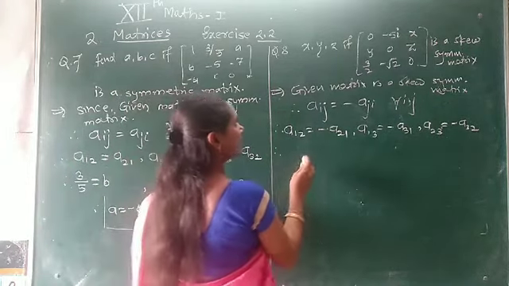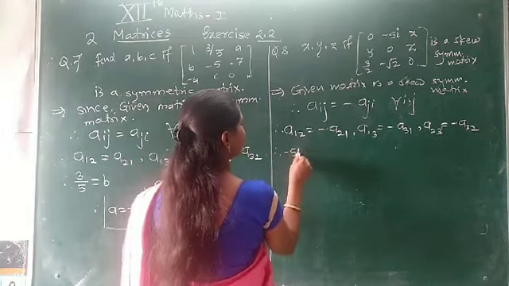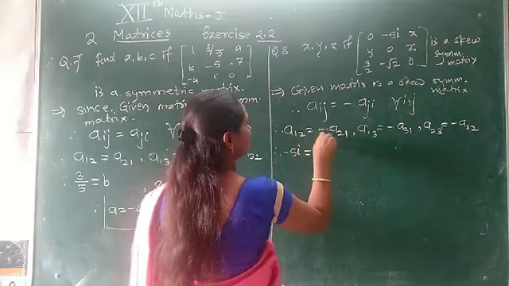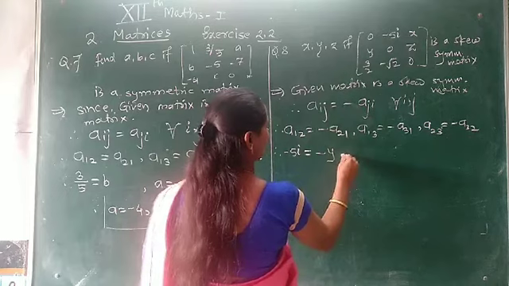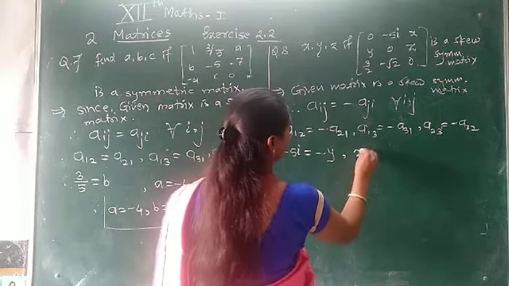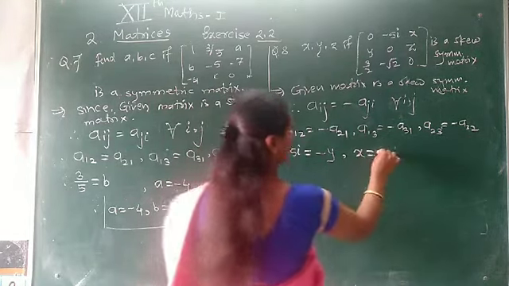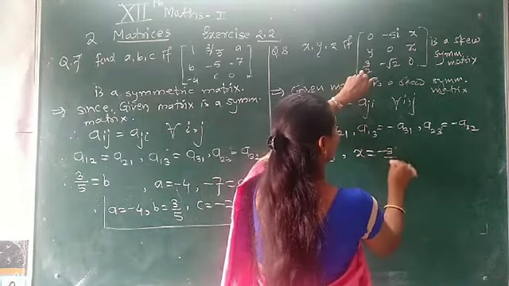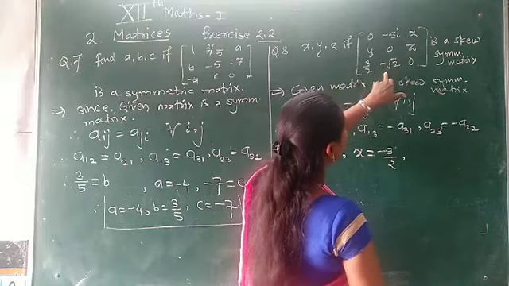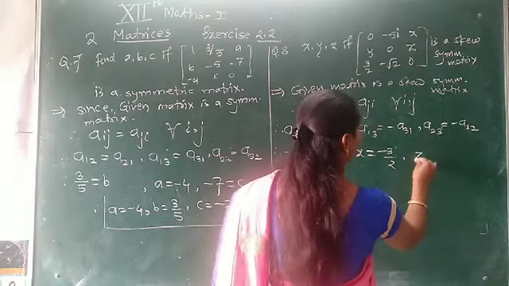Therefore what is a12 here? That is minus 5i, which is equal to minus a21. What is a21? That is y. Next, what is a13? x. And minus a31 is what? Minus a31 is 3/2. Next, what is a23? That is z.